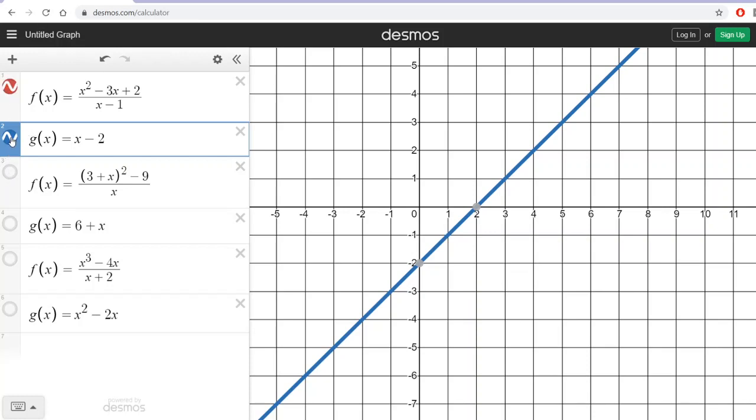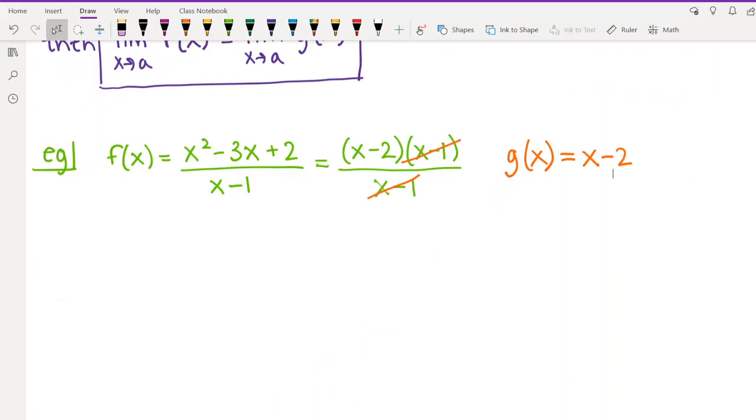So these two functions fit that description that we mentioned earlier, right? Where they look identical everywhere except at x is equal to 1. So let's write that down, and then we'll see how that plays out with limits.